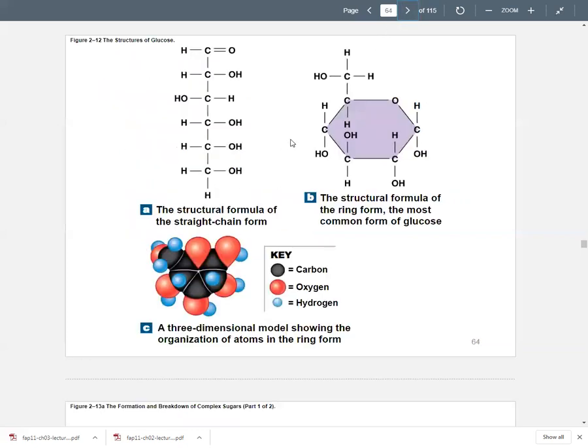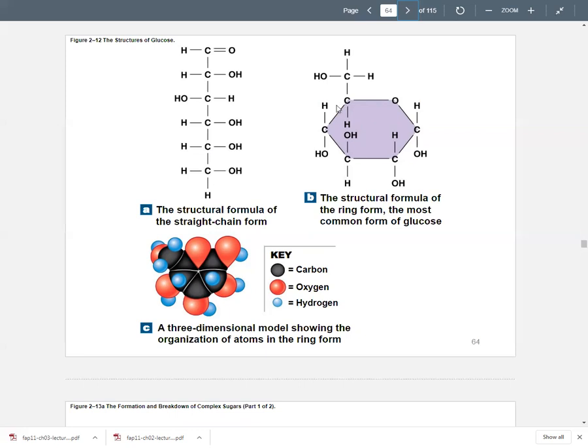All right, so different ways you might see carbohydrates represented. This is called a straight chain form. We just see all the different elements listed out. This is the ring form, and basically what this means is that, without getting too complicated, this ring folds on itself, okay? So what you end up having is you get a 6-membered ring with one of these oxygens being a part of that ring, okay?